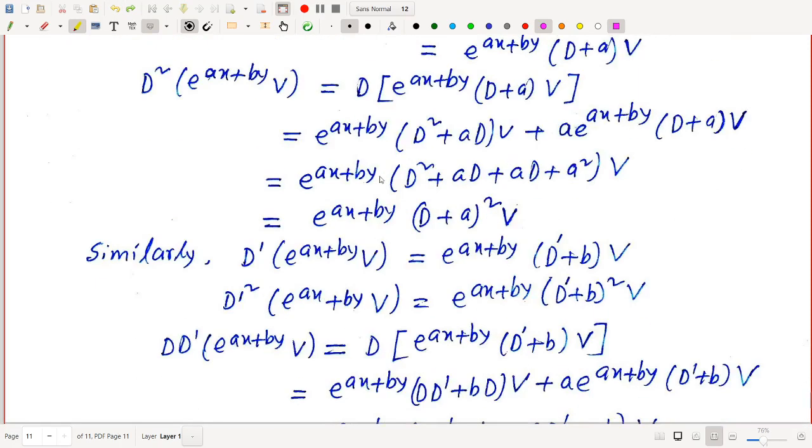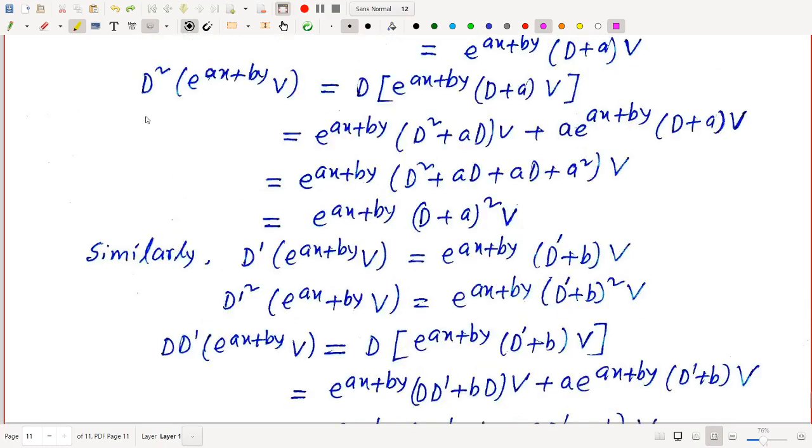Now e to the power ax plus by common, D square plus aD operates on V, and here D plus a operates on V, and there is a also, so aD plus a square, so it will be aD plus a square, and here D square plus aD, and that V taken here, you cannot take to the left side, because this is an operator, it operates on V, so it is D plus a whole thing square.